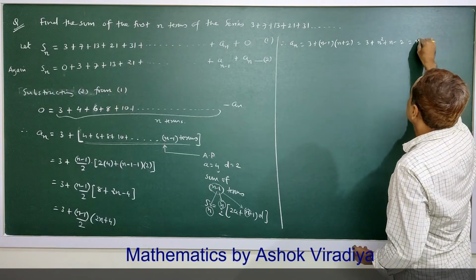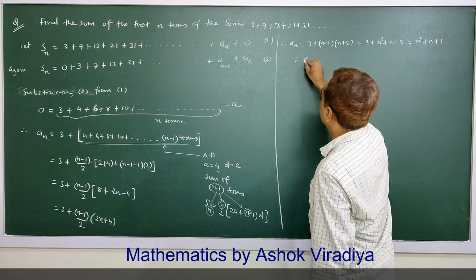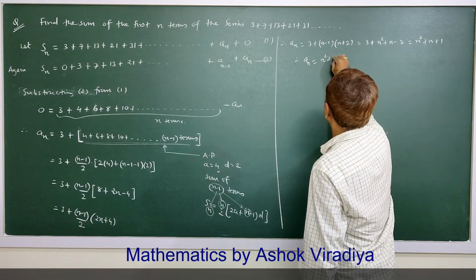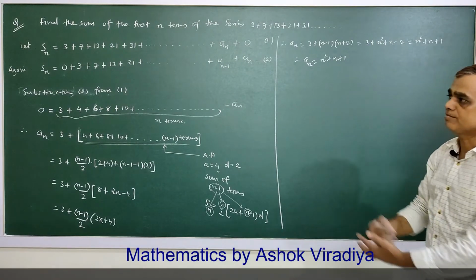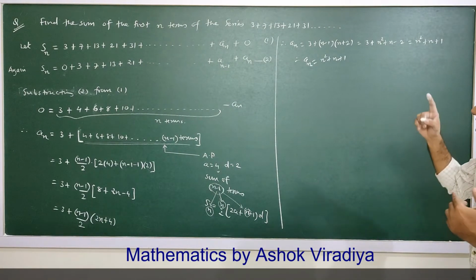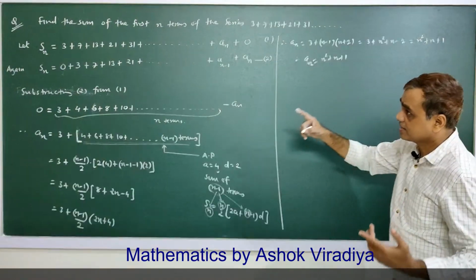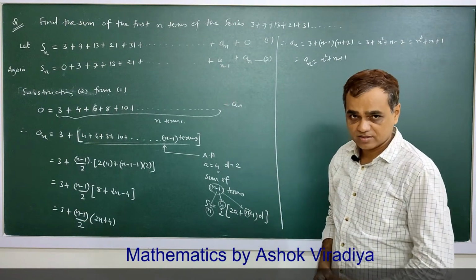So this is n square plus n plus 1. So therefore an is n square plus n plus 1. This is the nth term. We are not asked to find the nth term. We are asked to find the sum of first n terms.